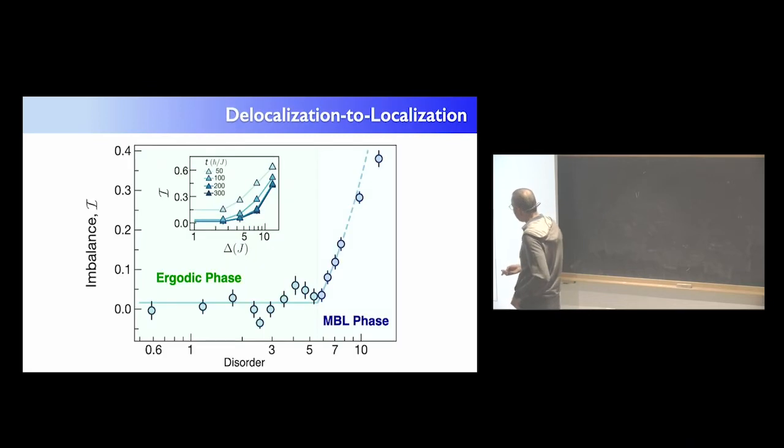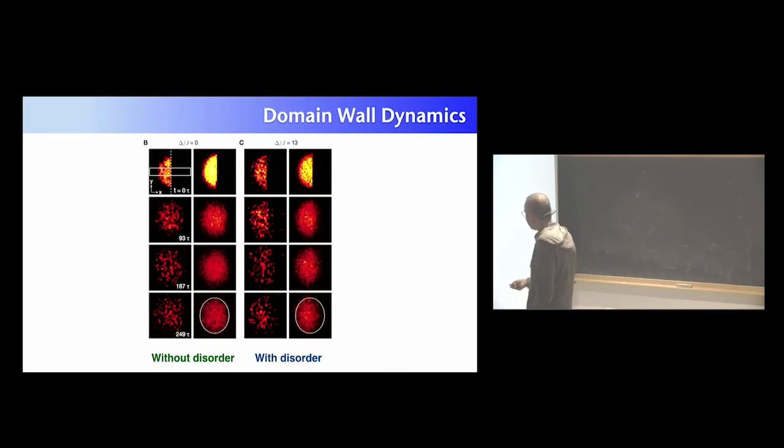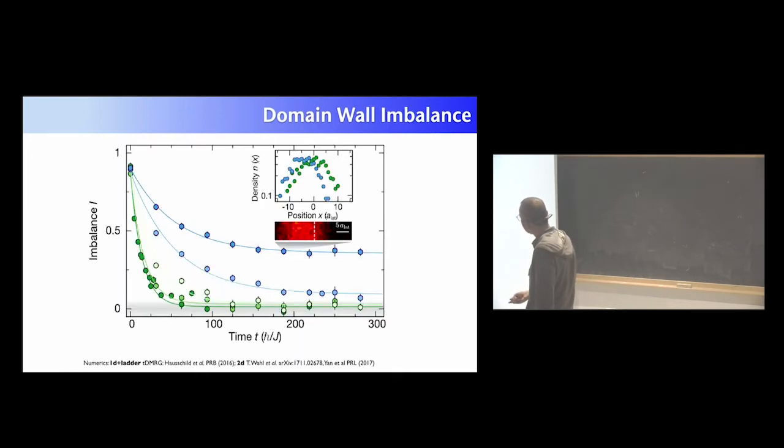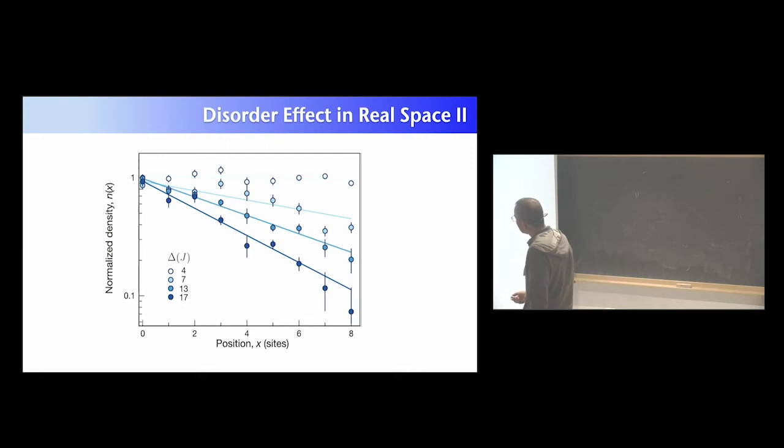There's another way we can probe that. Remember, we had this domain wall that we were looking at, and we can fit the density profiles of this domain wall in the right half of the system, and they turn out to be quite good exponential decay profiles. So this is the normalized density to the right of the initial domain wall, and you can see that on this log-linear plot they follow linear curves. So we can fit an exponential decay length to that.